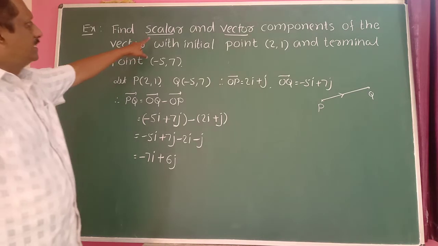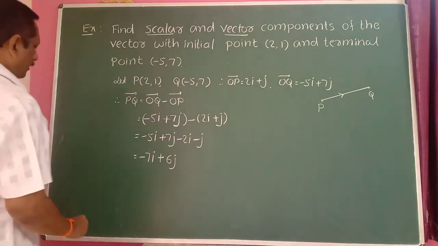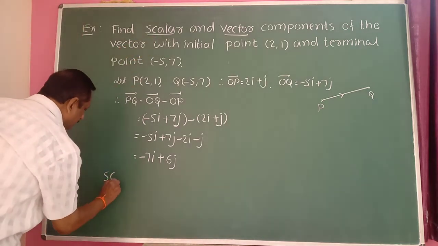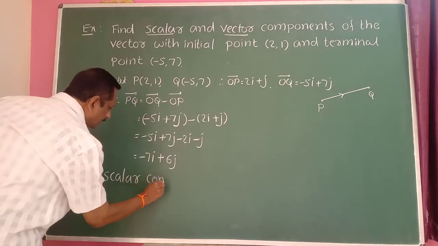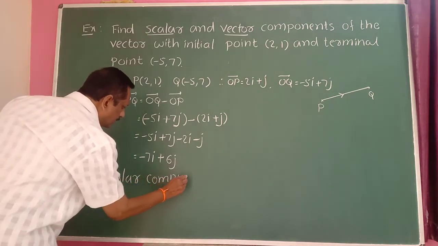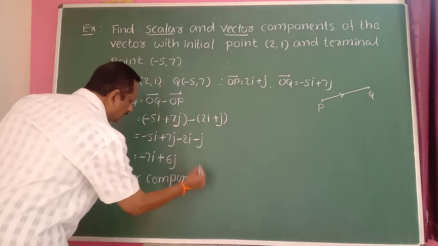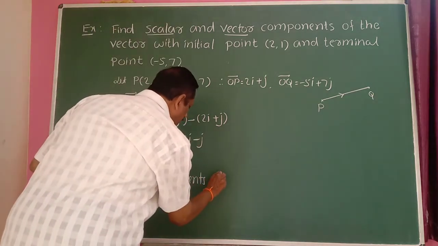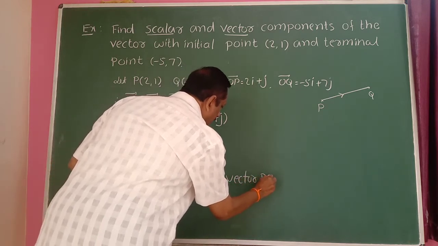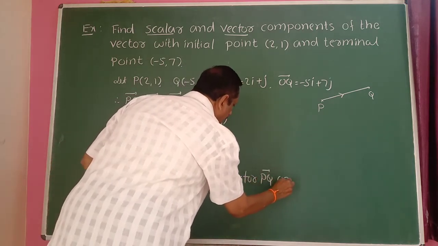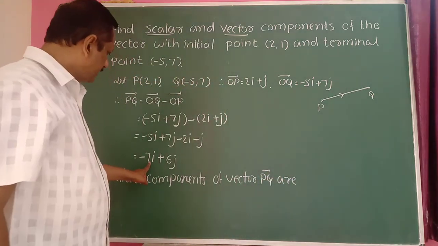Now write the scalar components. Therefore, the scalar components of the vector PQ bar are -7 and 6.